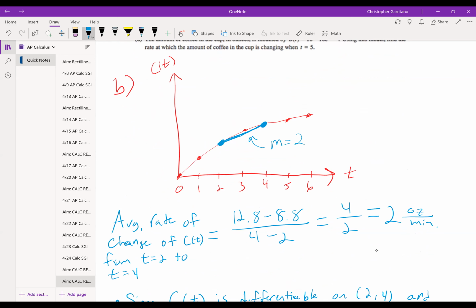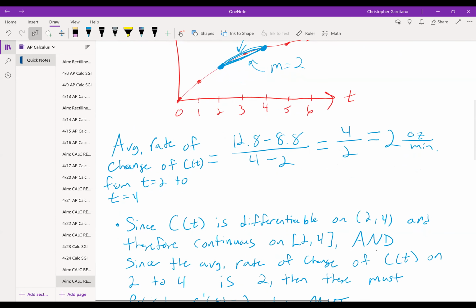All right, but what this tells us, coupled with the fact that C of t is continuous and differentiable, is that somewhere along this curve here, there's going to be an instantaneous rate of change that is equal to 2. And that's the mean value theorem.